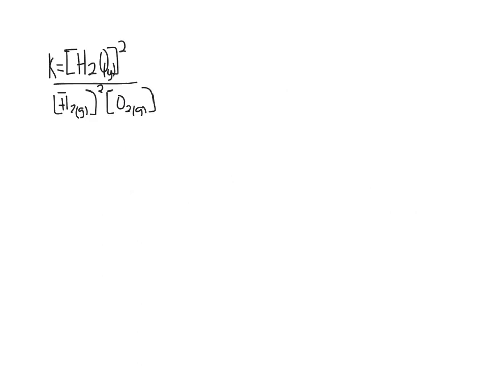Here, you've been given a K expression, and you need to come up with a balanced chemical equation. So go from a K expression to a reaction. Well, remember it's products over reactants. So on the right hand side of our arrow, we will have water vapor.